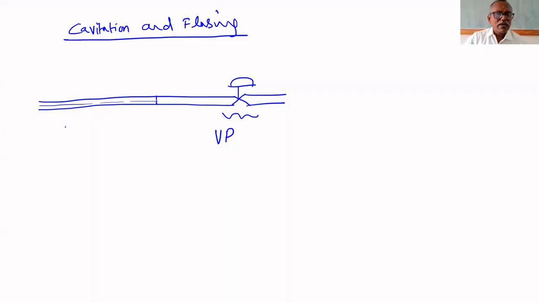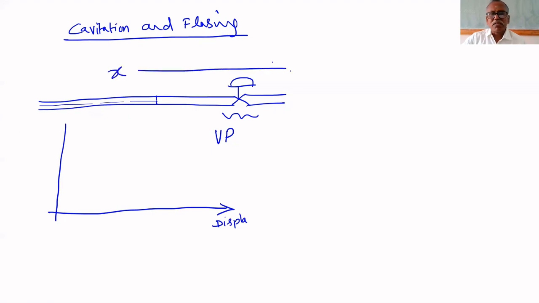So if you plot displacement versus pressure across the valve, this is the x distance, the displacement. The liquid is displaced for a distance of x.